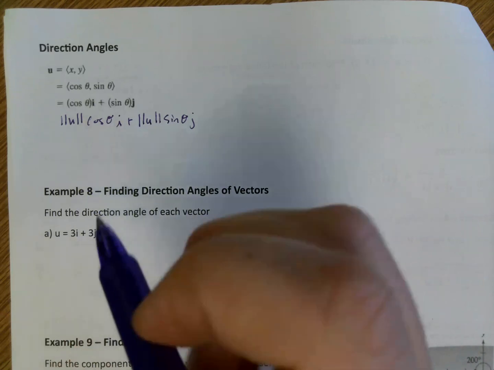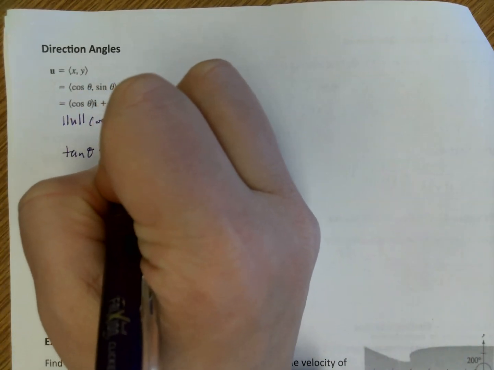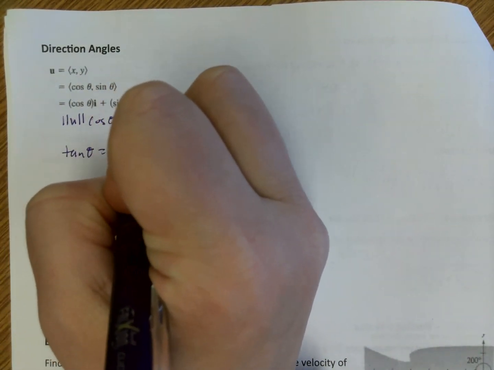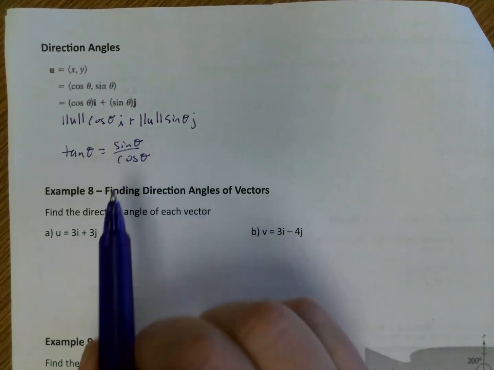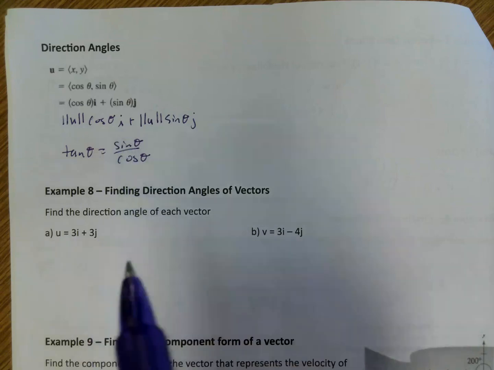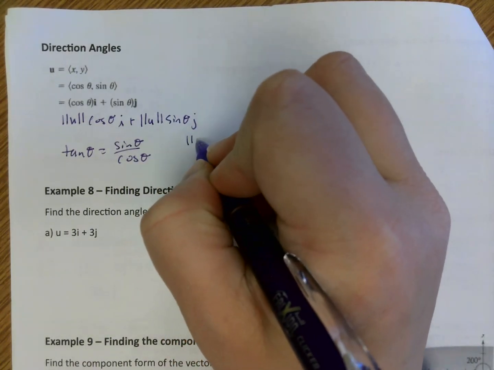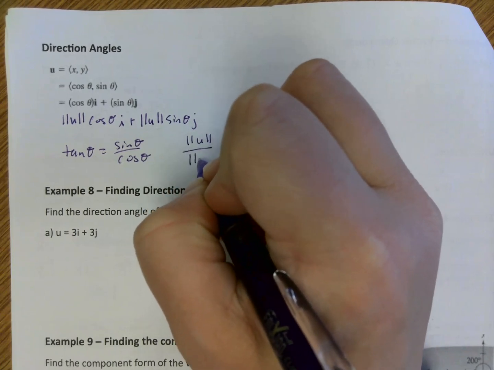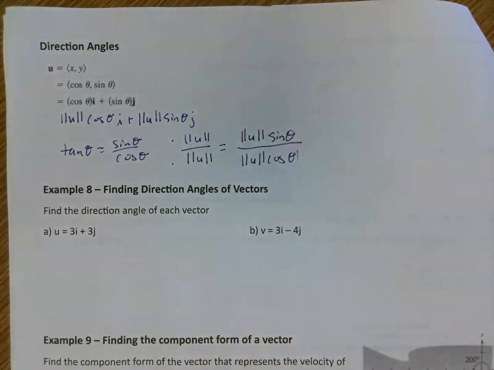So we have a quotient rule. We have a rule that tangent of theta is equal to sine theta over cosine theta. So let's say we use this information right here, looking at our vectors. Let's say we multiplied both the top by 1 and the bottom by 1, we would get this equation.